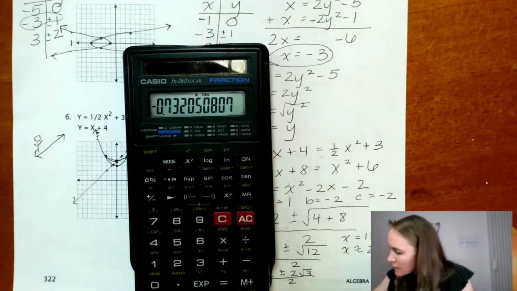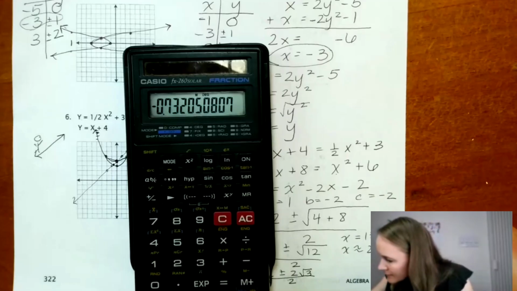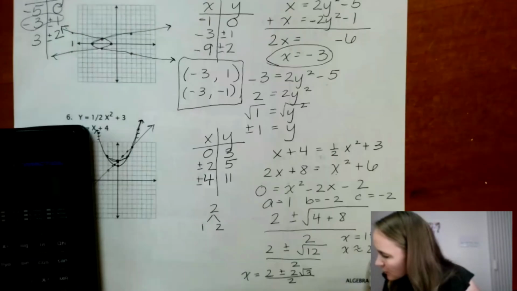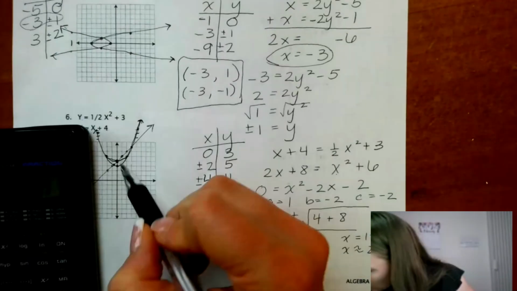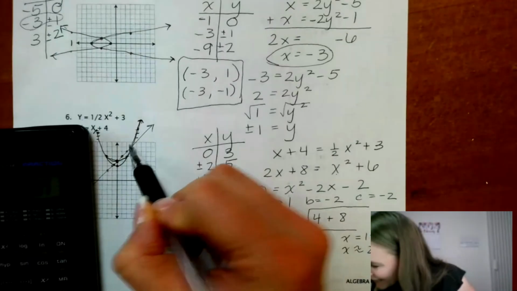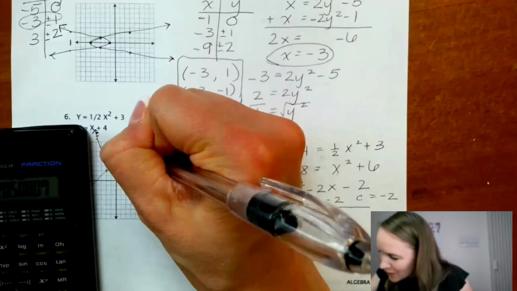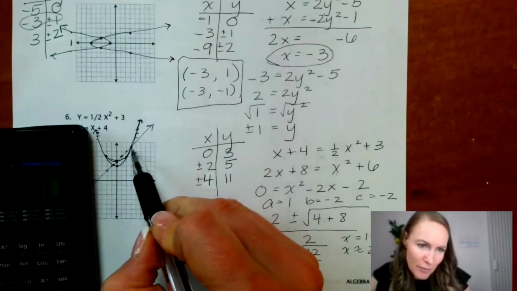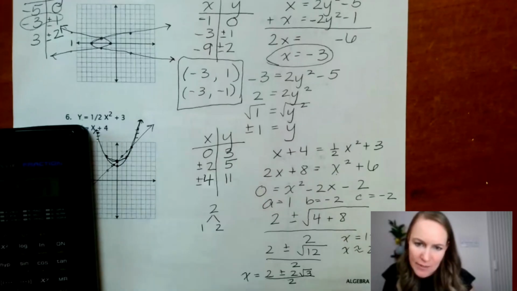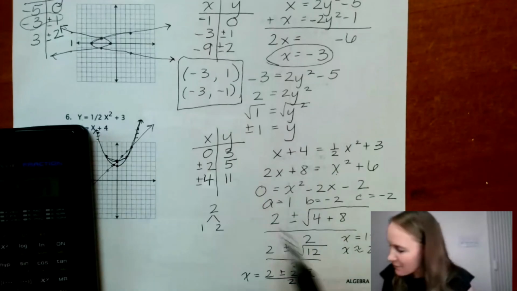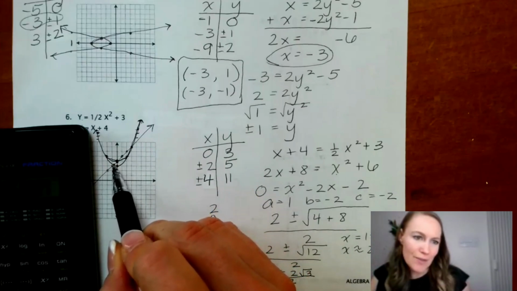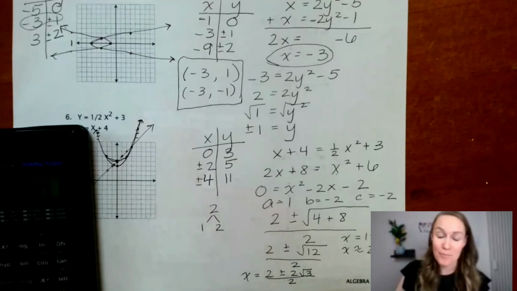And then I have negative 0.7. Does that make sense according to my graph? So 2.7, it's hitting at 3 or right before 3. And my negative 0.7, it's hitting definitely before 1. So that looks like it could be negative 0.7.